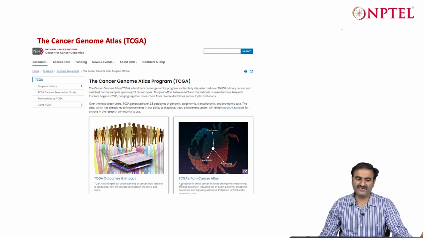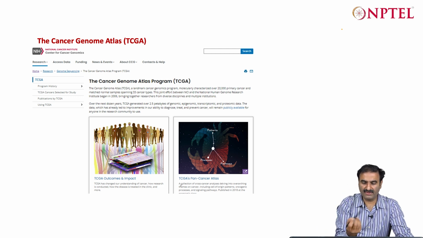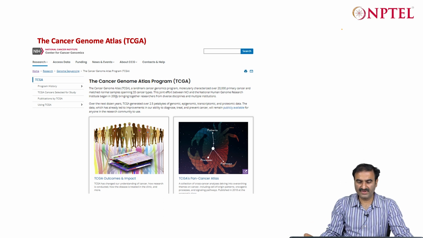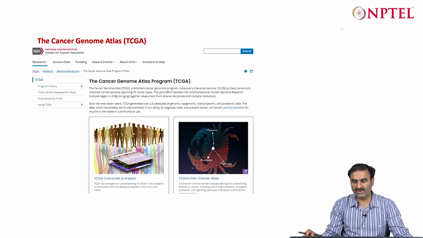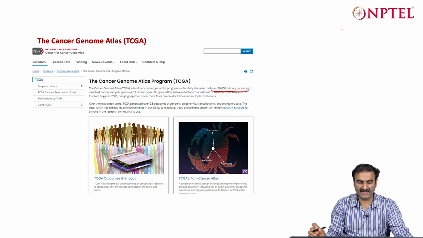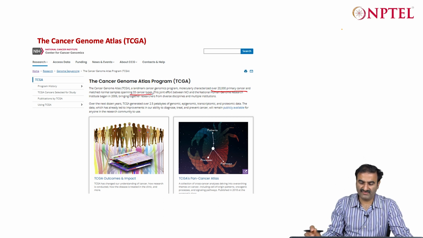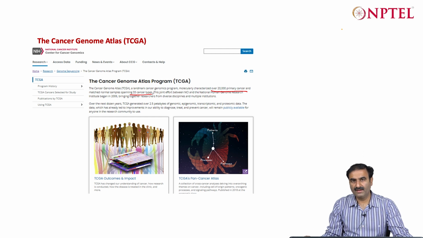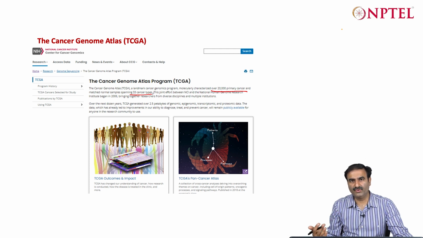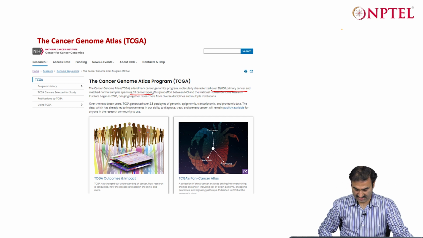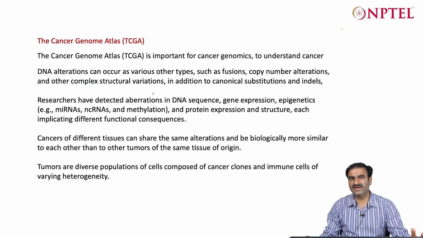So researchers have made the cancer genome database, the Cancer Genome Atlas program, basically TCGA, which is a landmark cancer program covering over 20,000 primary cancers spanning 33 different cancer types, and provides data about the cancer, their genome-wide association studies, metabolomes, and expression profiles, and this is very important to understand cancer genomics and to understand cancer.